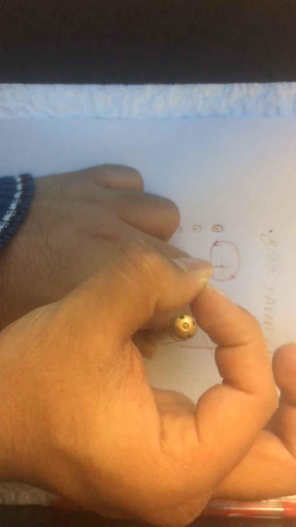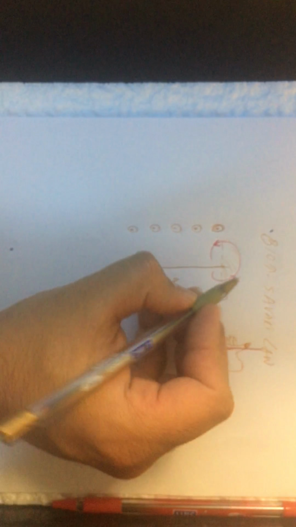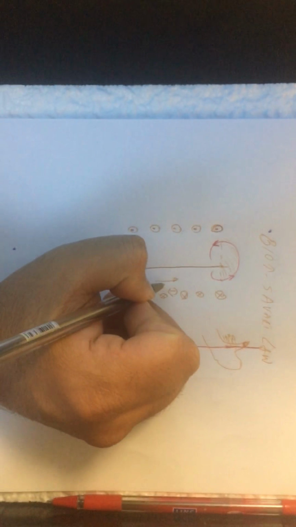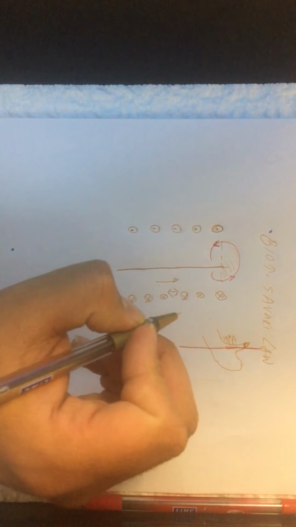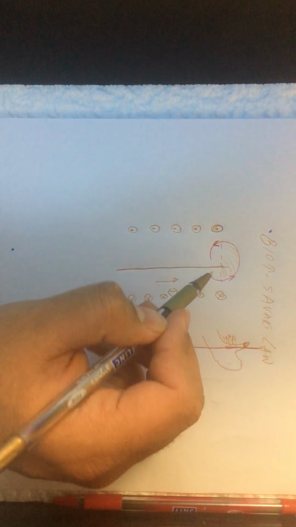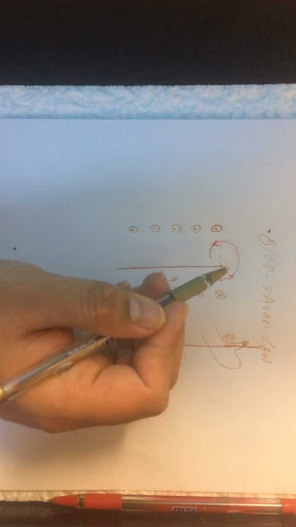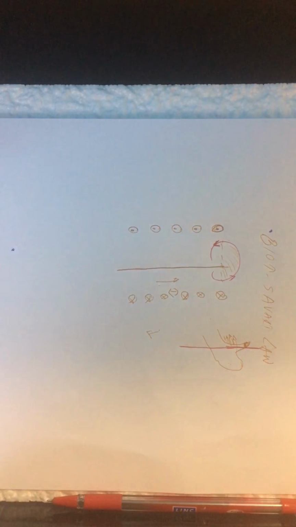If the current is flowing in the upward direction, then the direction of magnetic field is this. If the current flows in the opposite direction, then the magnetic field direction will be opposite, in this way, clockwise. Now it is anti-clockwise.